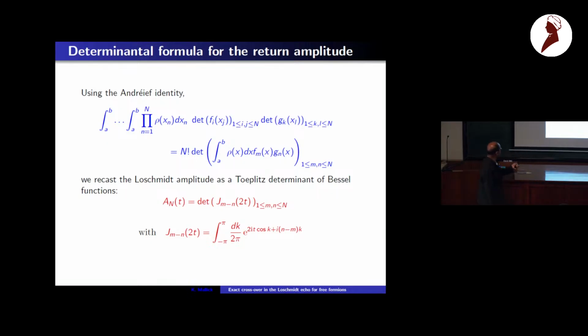This kind of determinant is called a Toeplitz determinant. Again, a name for something which is quite easy to visualize. It's a finite matrix with J0 on the diagonal, J1 on the upper diagonal, J2 on the next diagonal, J minus 1 on the lower diagonal, a matrix which is uniform along its diagonals. They are called Toeplitz matrices.